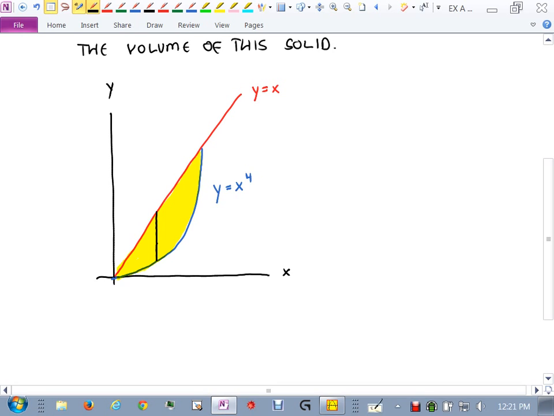But if I sliced it here, the length of each side would be this small, right? And if I got even closer, then the square is going to be small. Yes? And if I do it right about here, that's going to be the biggest square I get, right? But as I keep moving to the right, what happens to those squares? They get smaller and smaller and smaller. Y'all with me?